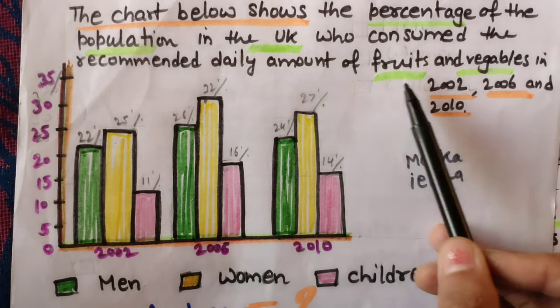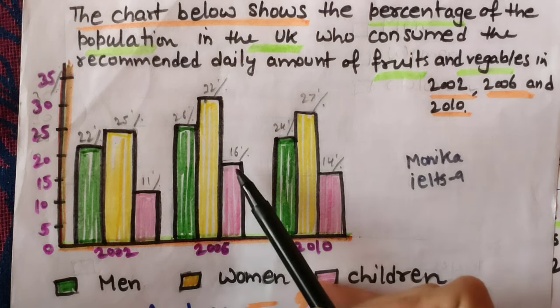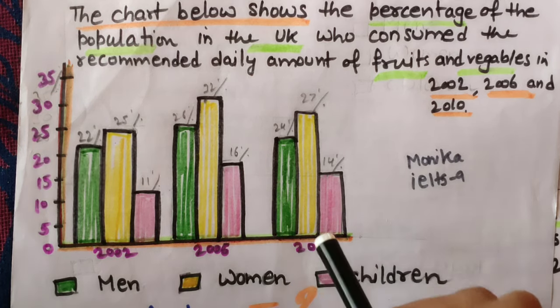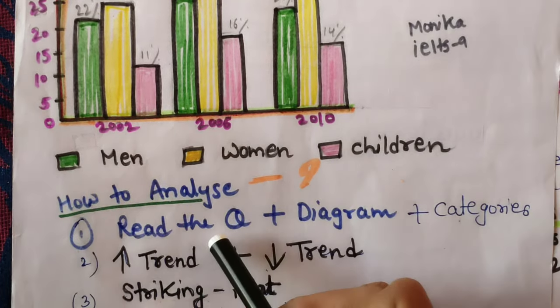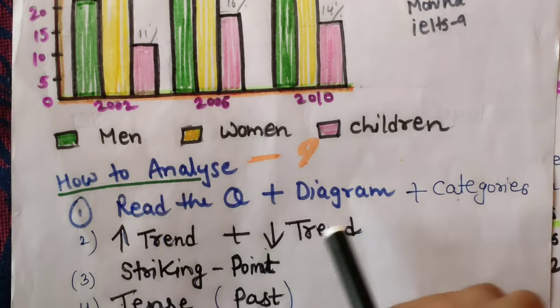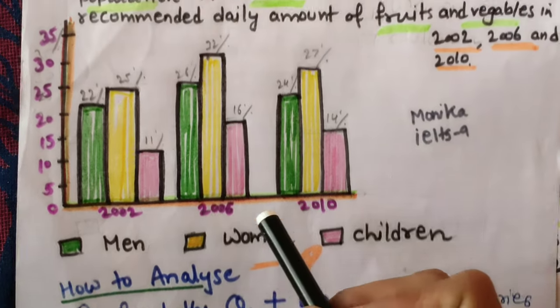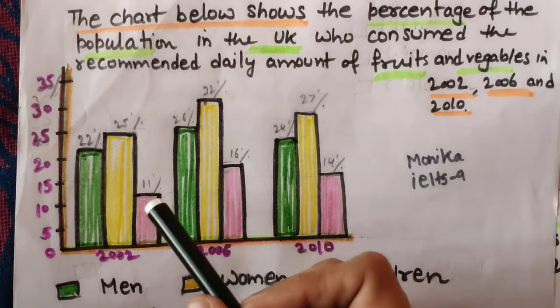Women are consuming more fruits and vegetables in their daily routine. So what we have done till now: we have read the question statement, we have analyzed the diagram along with the categories. We have come to know which is going upward and downward trend.